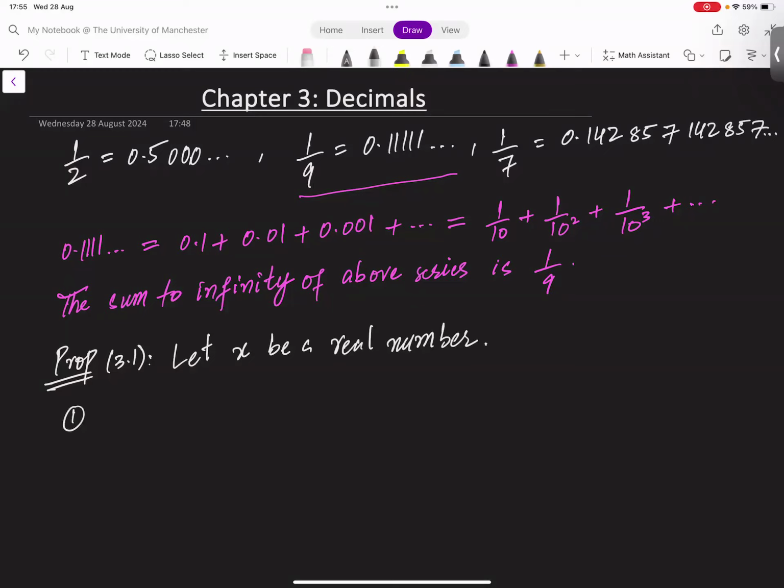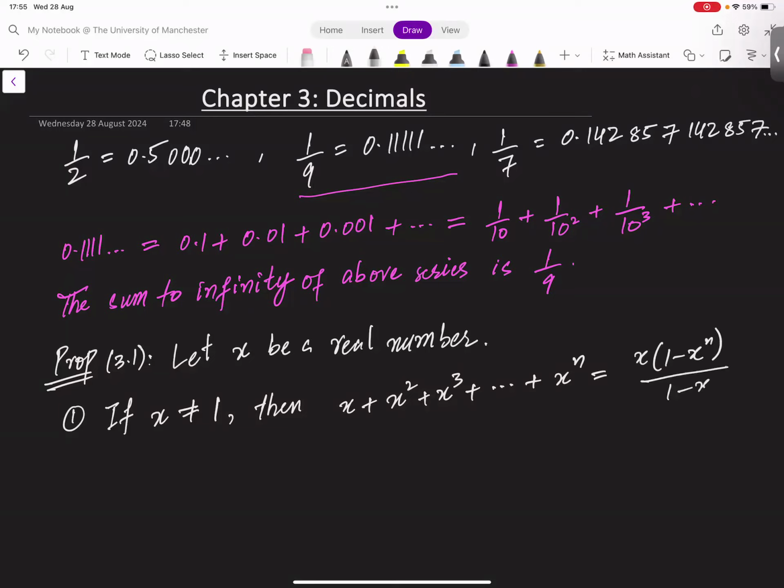Number 1: if x is not 1, then the sum of x plus x squared plus x cubed up to x to the power n is equal to x times (1 minus x to the power n) divided by 1 minus x.